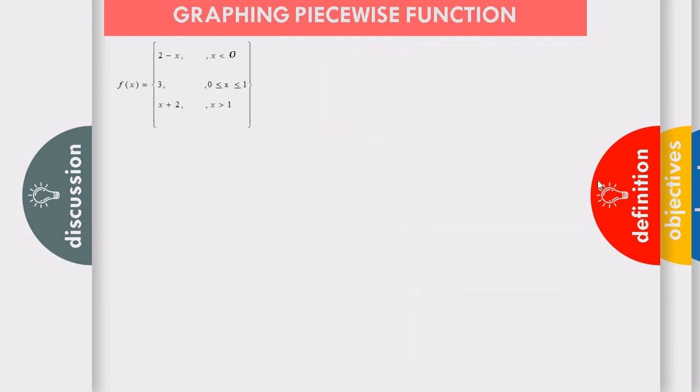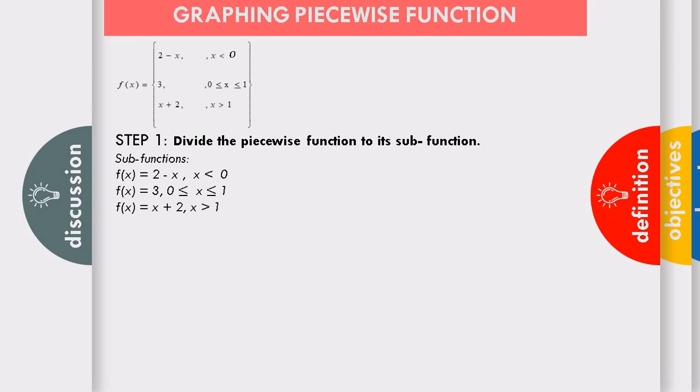So next example. So the second example, we have the piecewise function f of x equals 2 minus x, 3, and x plus 2. And their intervals: x is less than 0, x is greater than or equal to 0 but less than or equal to 1, and last, x is greater than 1. So we divide the piecewise function into its subfunctions.